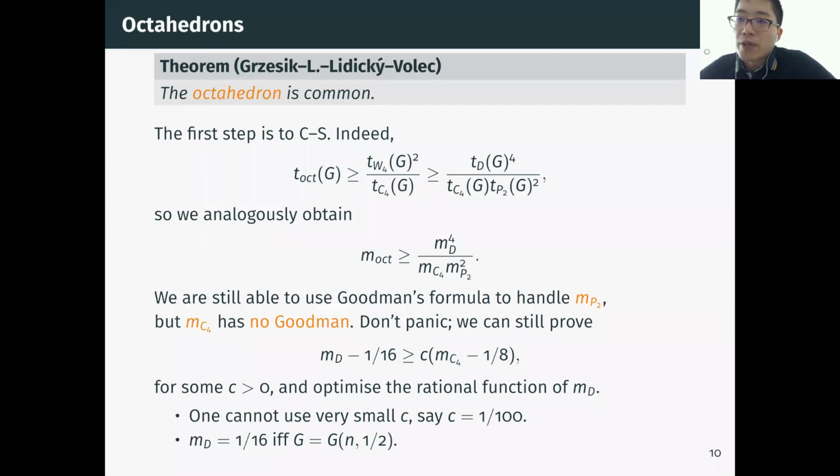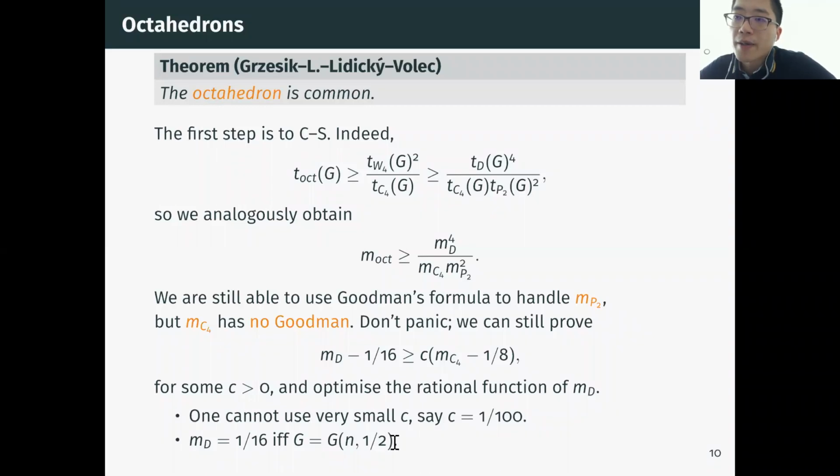Here are some remarks. Firstly, one cannot use a C that is very small, because we have to optimize this rational function. You'll see anyway that a small c could cause a problem in optimizing the rational function.